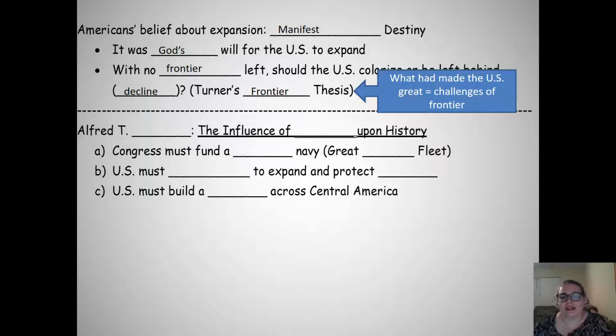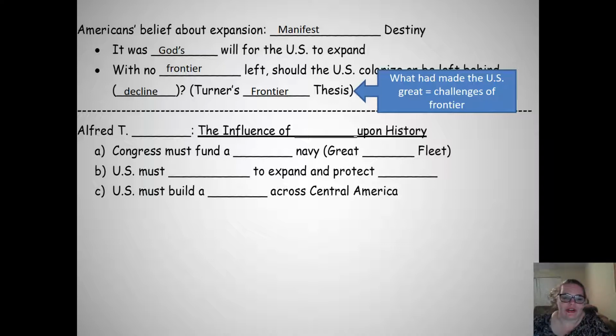constantly having to deal with challenges that no other country had to deal with. So anytime we would try to expand our country, we were running into new things we had to deal with, right? So first it was the Mississippi River. How are we going to cross the Mississippi? Then it was, we have this huge amount of territory. How are we going to keep all of the different states connected? Then it was the Southwest desert. How do you live there?